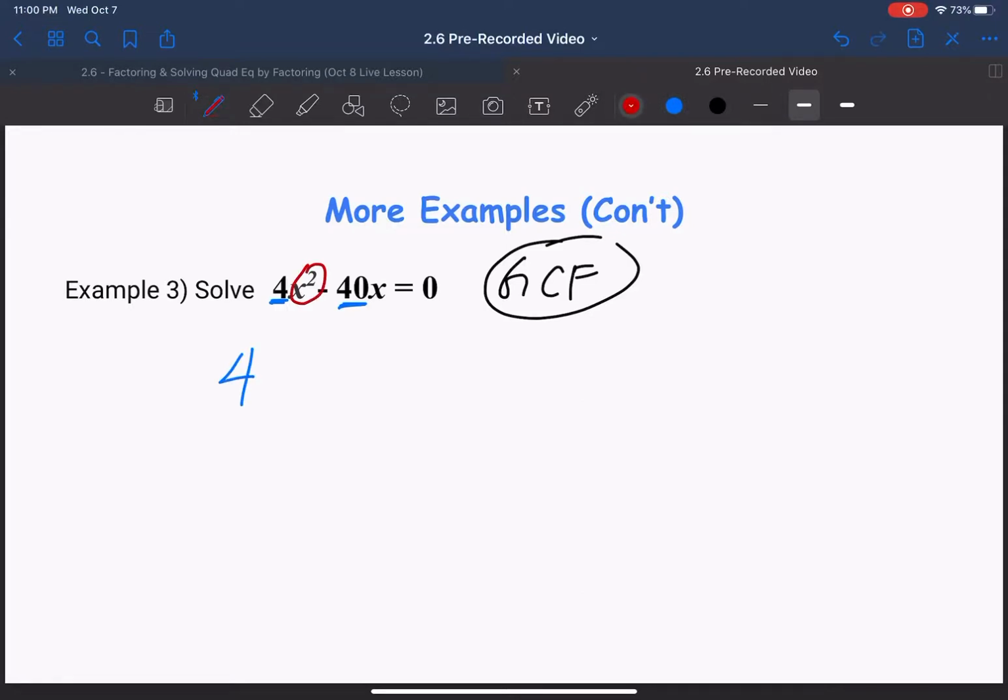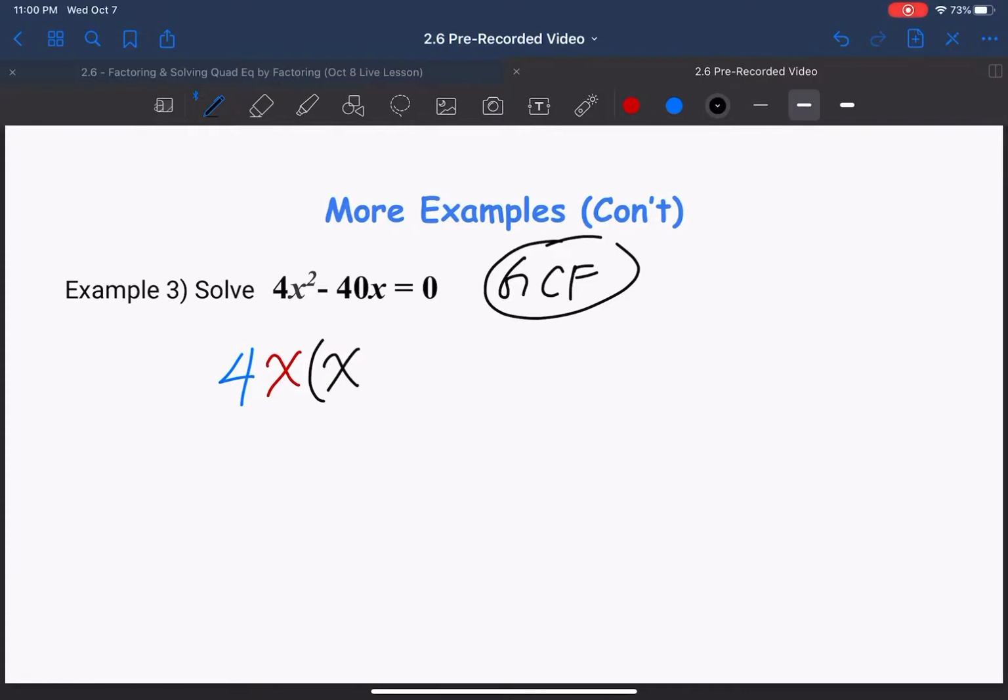Let's look at the variable. X is repeating, right? One of them is x squared, one of them is x. Whenever you are dealing with a variable, you have to pull out the lower exponent. So 4x, parentheses. 4x times what gives you 4x squared?